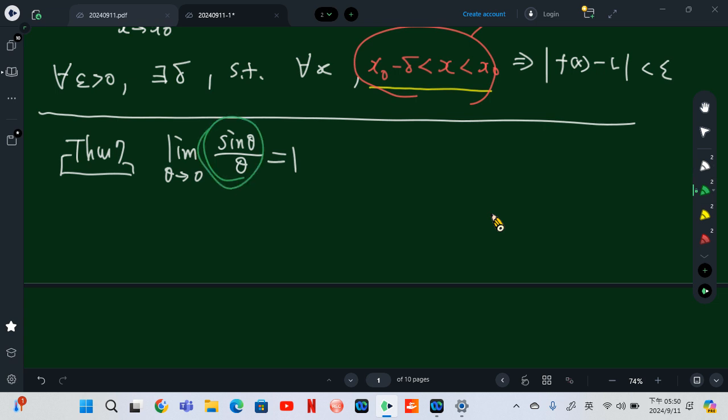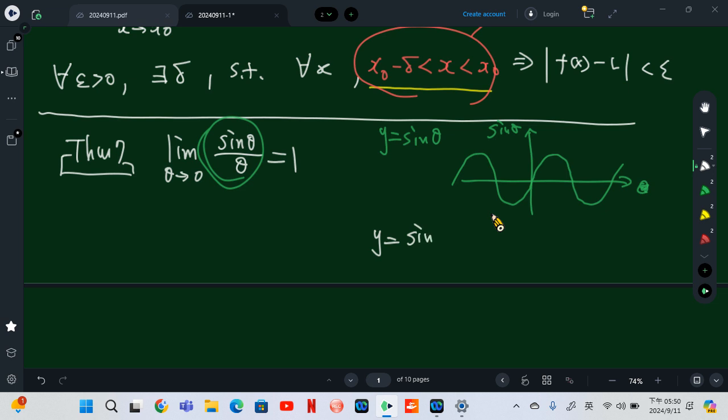For the sine function, y is sine theta, you can expect the curve to look like this one, right? But if we focus on y equals sine theta over theta, the curve will look like this one.